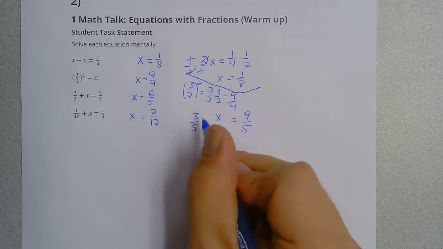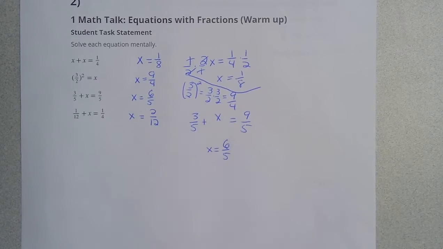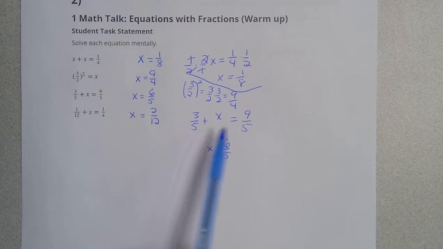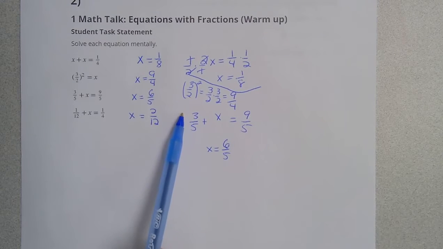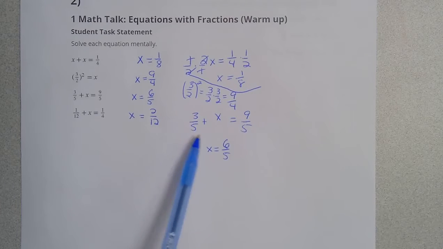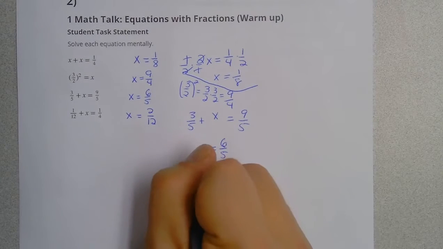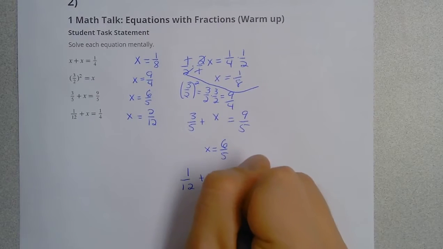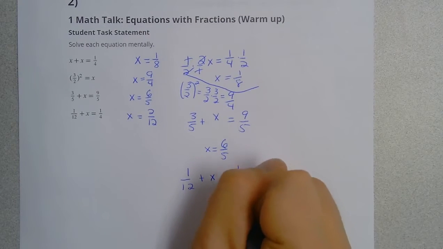What number does x have to be? Well, that's 6. You could also solve this by subtracting 3/5 from both sides. 3/5 minus 3/5 makes 0, and 9/5 minus 3/5 is 6/5. Either way is okay.